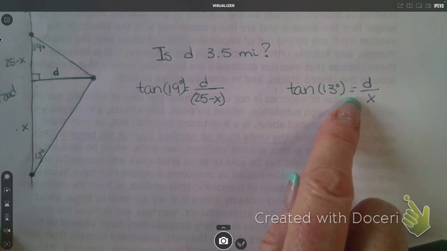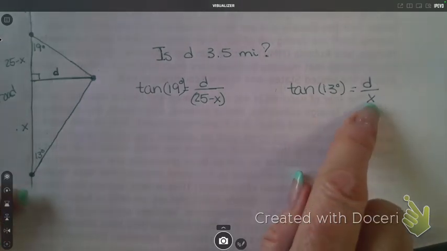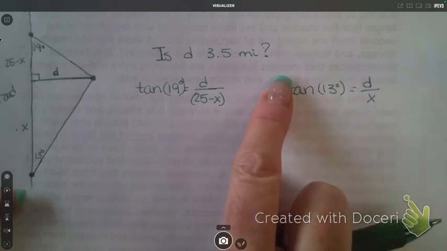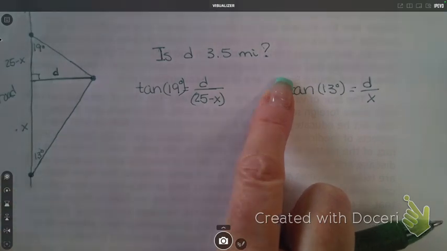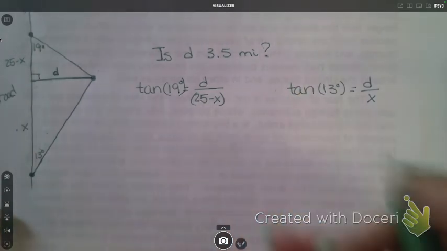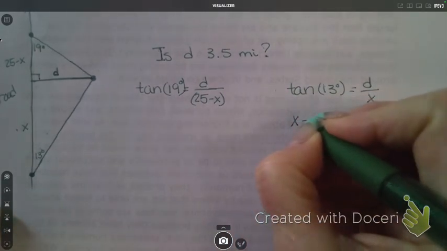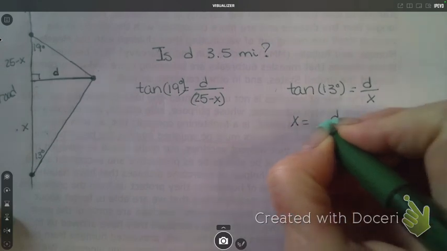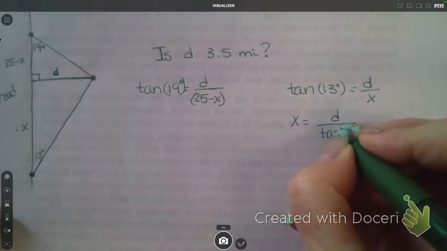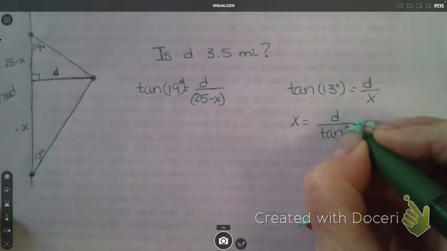Because it's easier to do. So if I'm solving this for X, I would multiply by X, correct? And then what? Divide by tangent. So X equals D over tangent of 13.